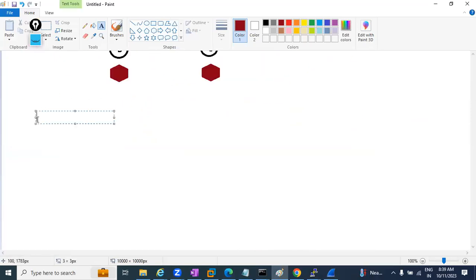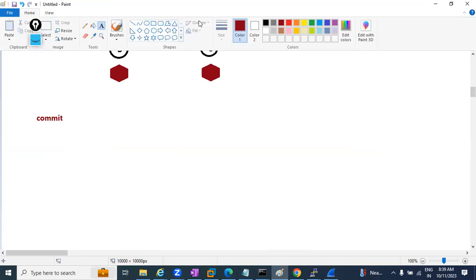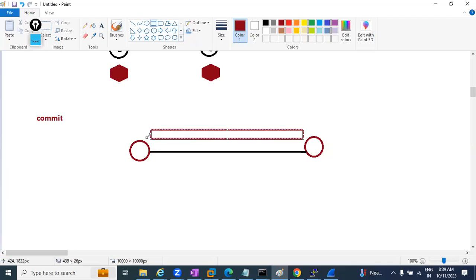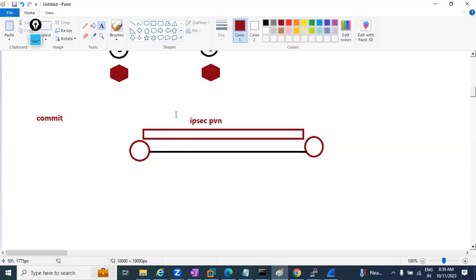That is important here. The commit concept is, guys, let's consider we have two sites, site A and site B. Both are connected, and on top of that we have used a VPN. Right now my IPsec VPN is up. Everything is up right now.